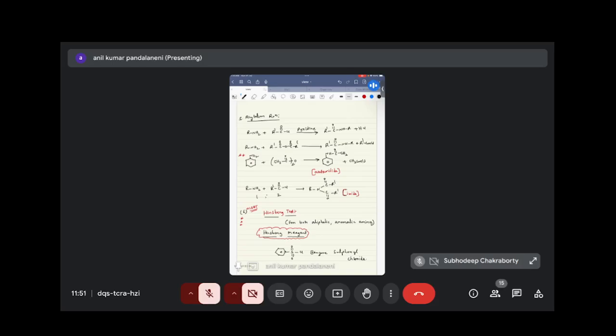What happens when this benzene sulfonyl chloride reacts with ROH? A good leaving group, OTs, will form. We have done good leaving group preparation using this.